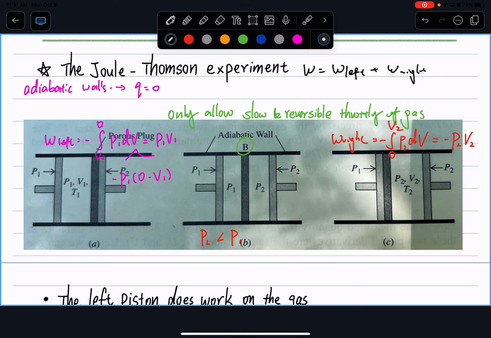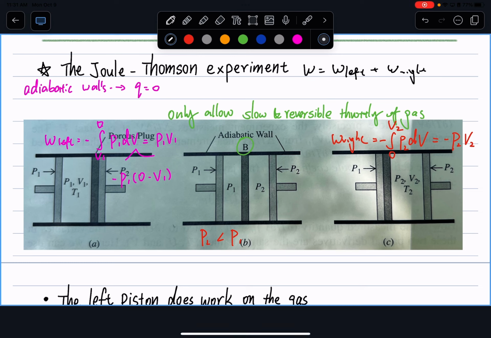That's P1 V1 minus P2 V2. For an adiabatic process, Q equals 0, and we have delta U equals Q plus W, which equals P1 V1 minus P2 V2.